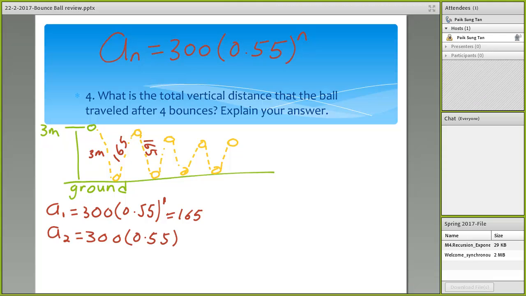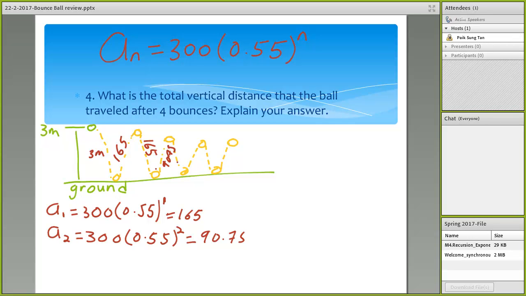And then we're going to calculate the second bounce. I'm writing out the whole calculation, but all you've got to do on a calculator is times 0.55. It's 90.75. So on the second bounce, it only bounced up to 90.75 centimeter.